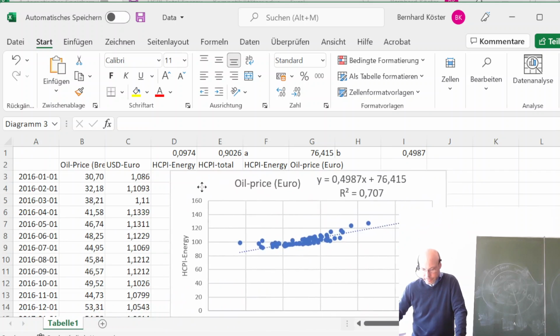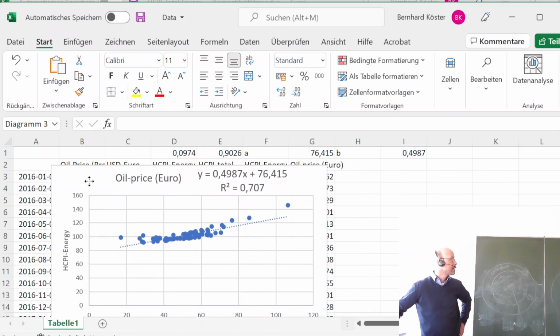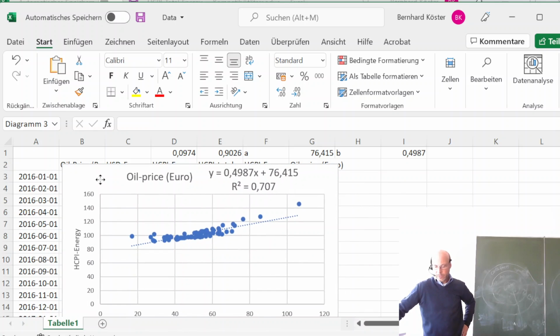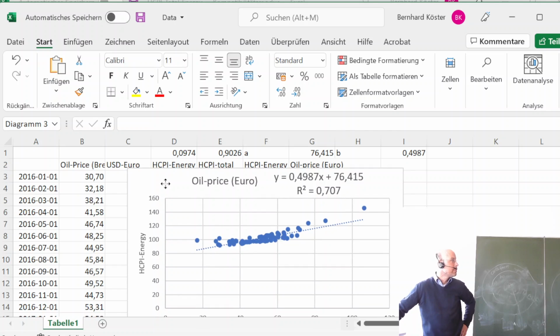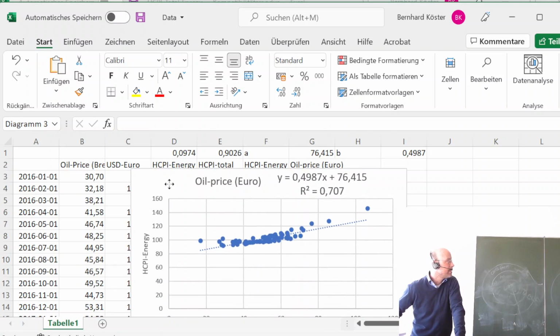So, and now we have to make together a guess where will be the oil price in the future in US dollar, and we have also to make a guess what will be the exchange rate in the future.